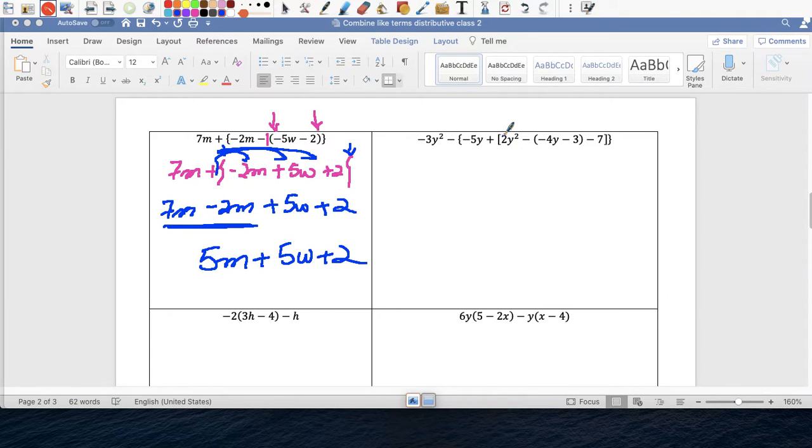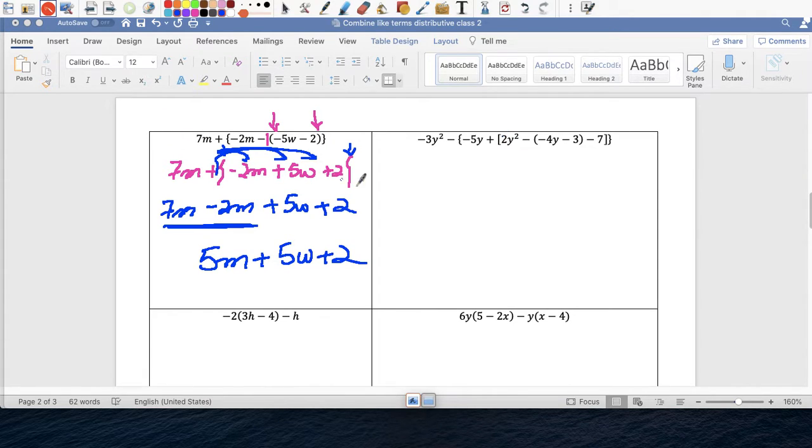Parentheses, brackets, and braces. Really? They're called braces? All right.